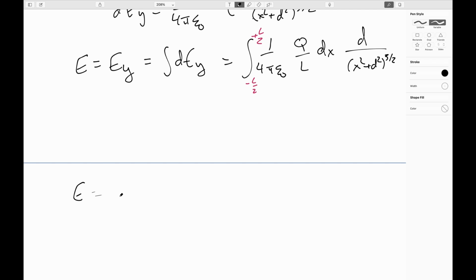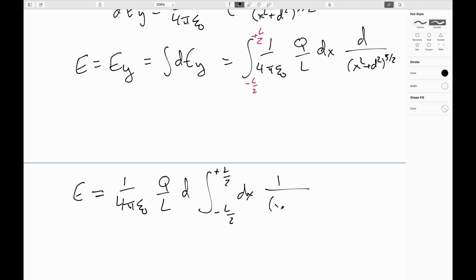So E will be equal to, well, the 1 over 4 pi epsilon naught is a constant, q and L are constants, d is a constant, and we'll have the integral from minus L over 2 to plus L over 2 dx of 1 over x squared plus d squared to the 3/2 power. Yes, I know, I put the dx right after the integral sign and not at the end of the expression.